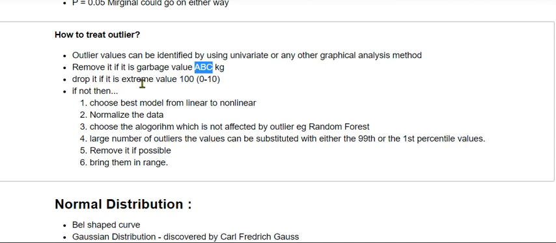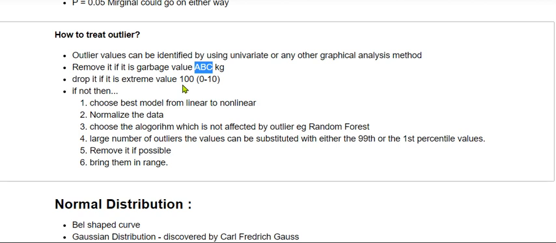If the range of values in the column is from 0 to 10, and suppose 100 is there, this is an outlier, and you can directly drop that. But in certain cases the outliers are very important, and carry very meaningful information. So dropping the outlier every time is not the best way.